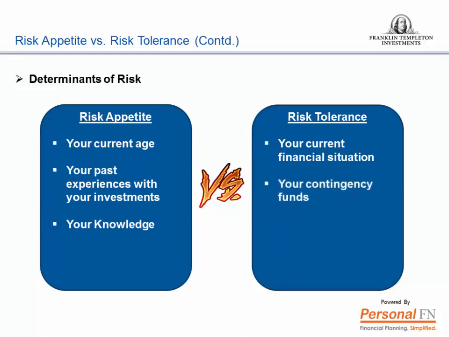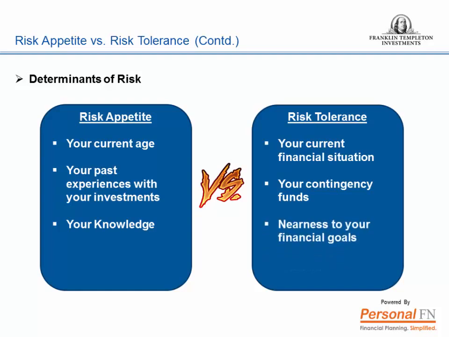Then the next is your contingency funds. Your savings for a rainy day can enable you to take risk. If you have failed to maintain adequate funds for your contingency needs, your risk tolerance level could be low, as you are not financially ready to manage any contingent events.